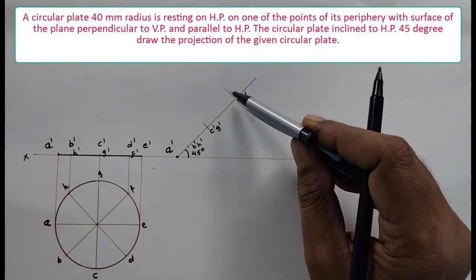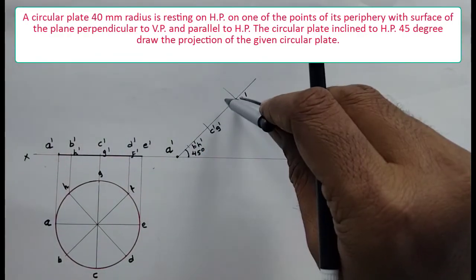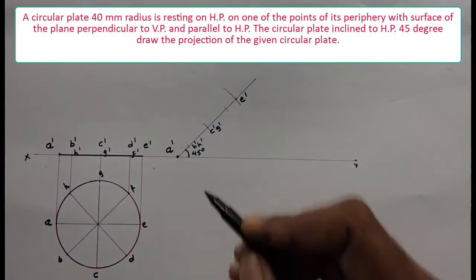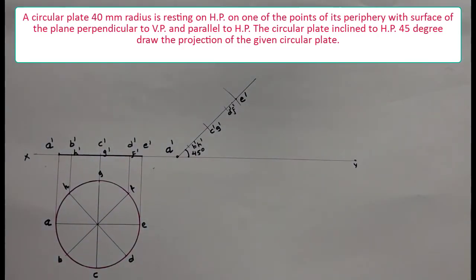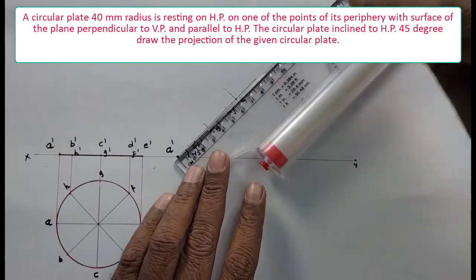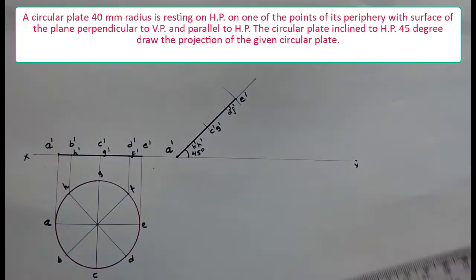Similarly, from the corner point E dash, you can draw the arc where you have the D dash, F dash. So now we have arranged our circular plate inclined to HP at 45 degrees.